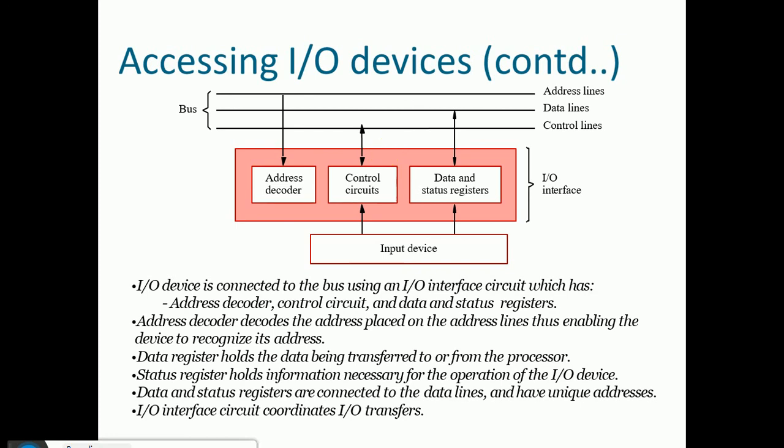The data and status registers hold some of the important registers inside the input and output devices, and these data registers are accessed by the microcontroller or microprocessor. Some status registers are also there, for example flag registers, which are accessible by the microprocessor, and by which it knows in which state a device is.